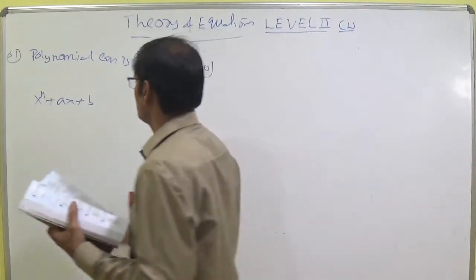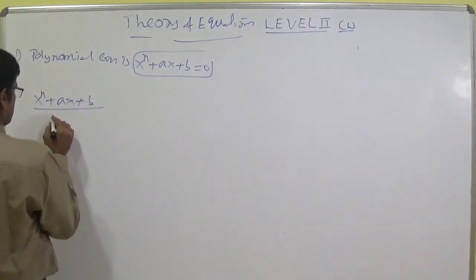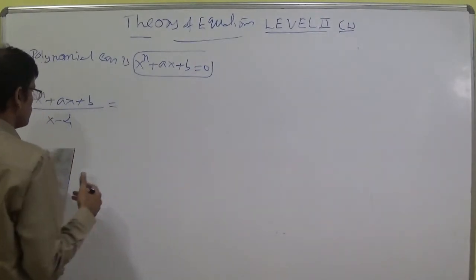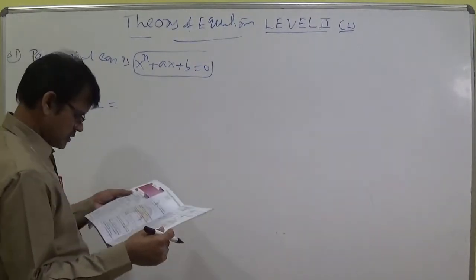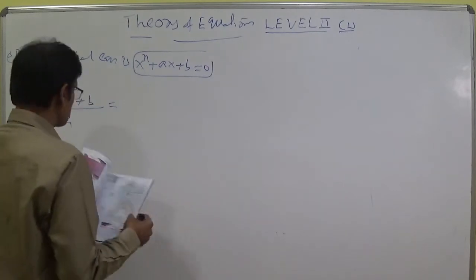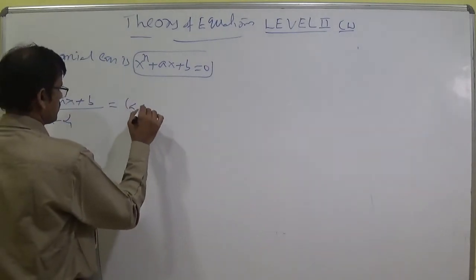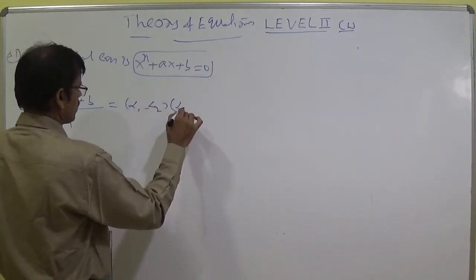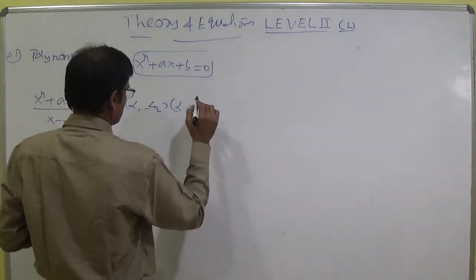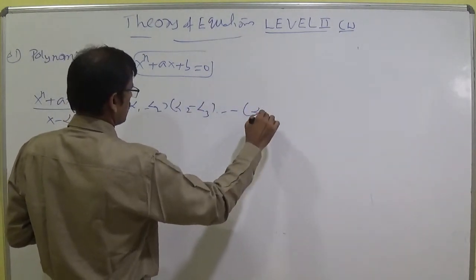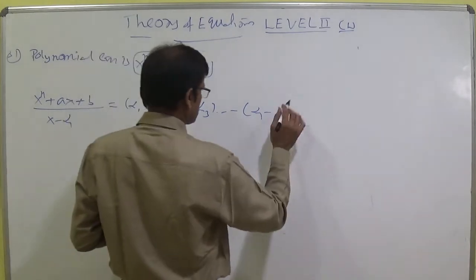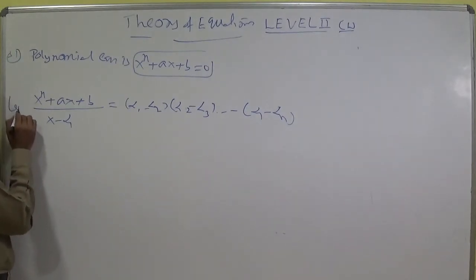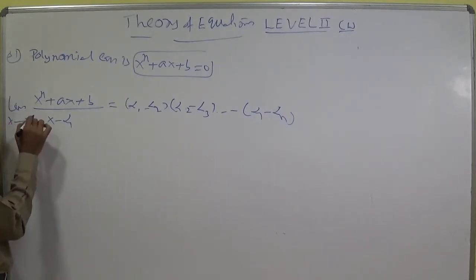In the same way you can write x power n plus ax plus b by x minus alpha 1 is equal to alpha 1 minus alpha 2 into alpha 1 minus alpha 3, and so on up to alpha 1 minus alpha n. It is nothing but the limiting point by dividing like this, limit x tends to alpha 1.